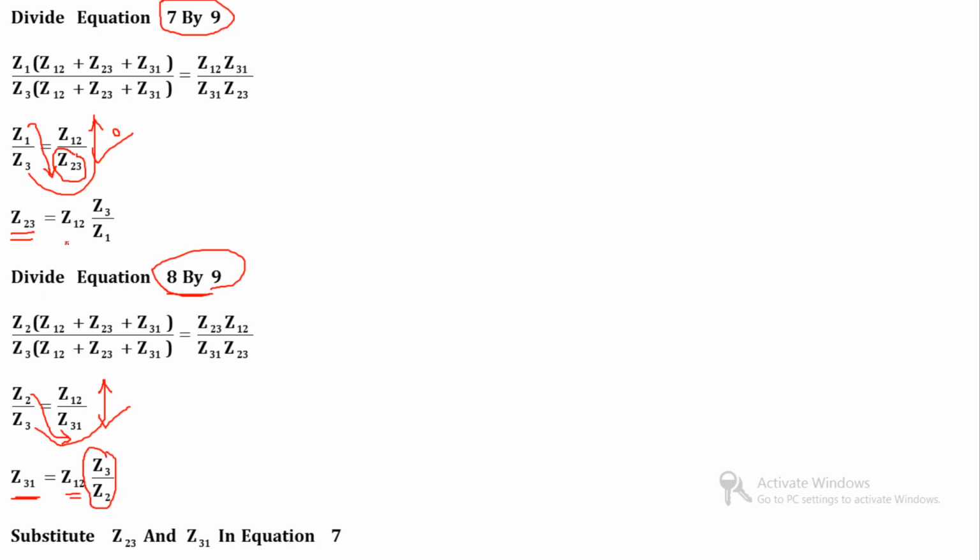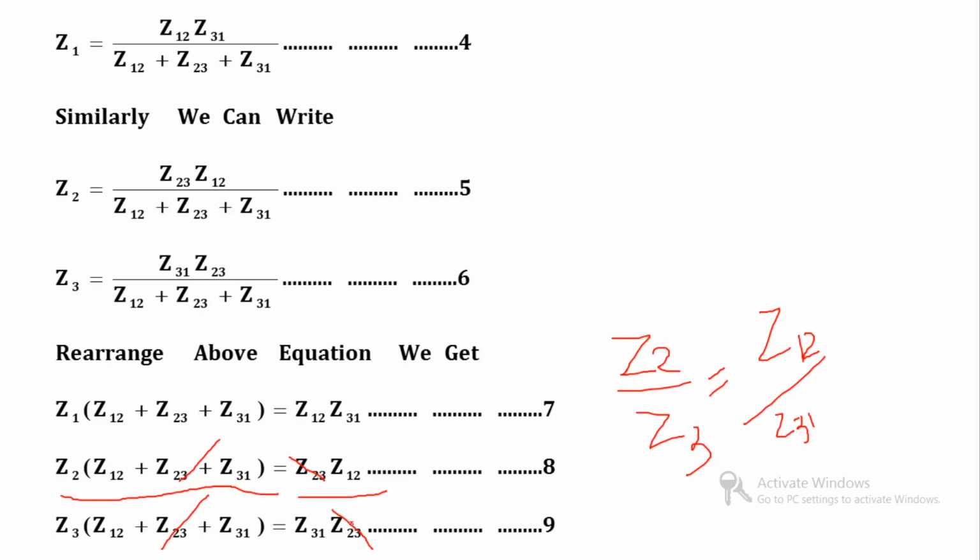Now you have to substitute the values of Z23 and Z31 in your equation number 7. So what is your equation number 7? This is your equation number 7. Why do we have to replace the values of Z23 and Z31? Because you want to find out Z12.